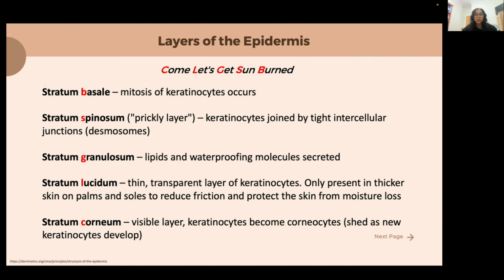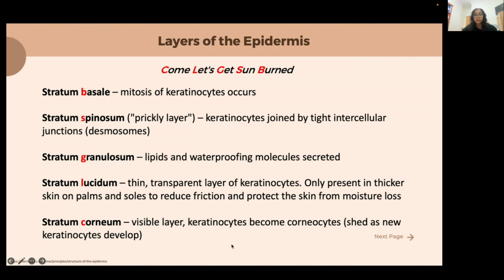And then we've got the stratum lucidum. This is a very thin, transparent layer of keratinocytes. The stratum lucidum is actually only present in areas of thicker skin, for example the palms or the soles of the feet. So it's not present all over the body. Its main role is to reduce friction between the layer above and below, between the stratum granulosum and stratum corneum.